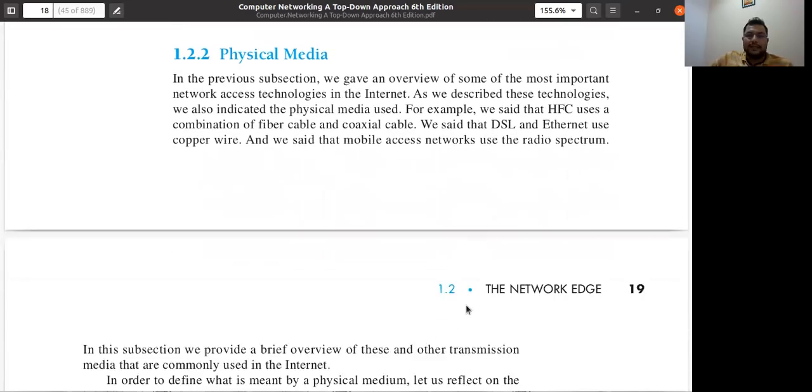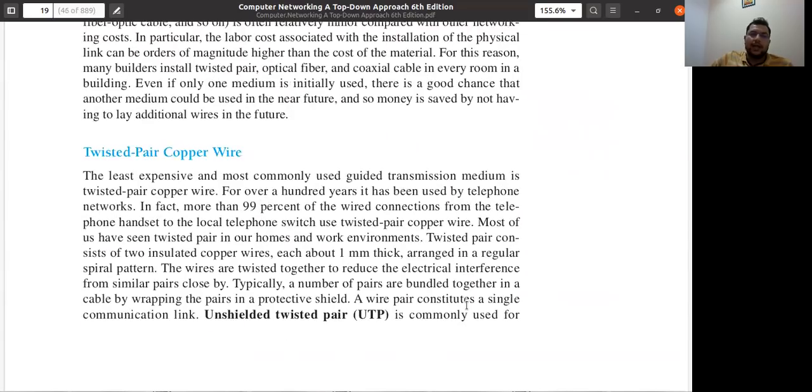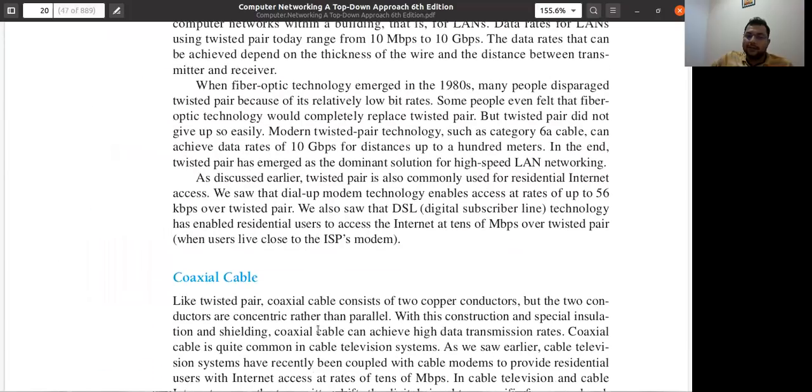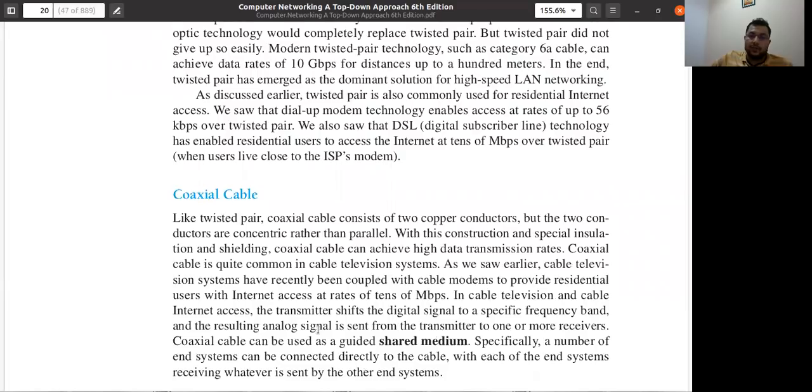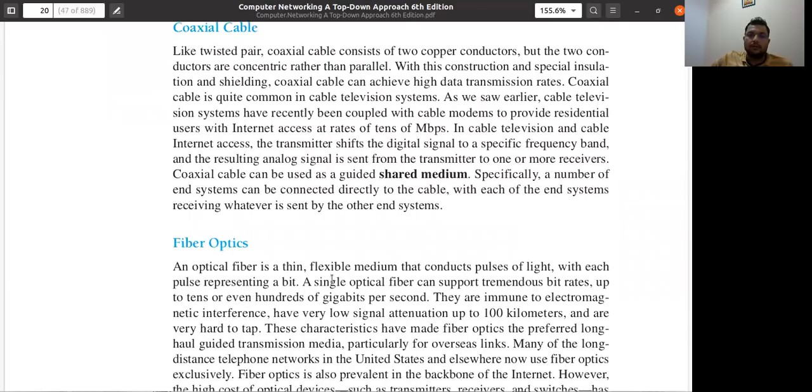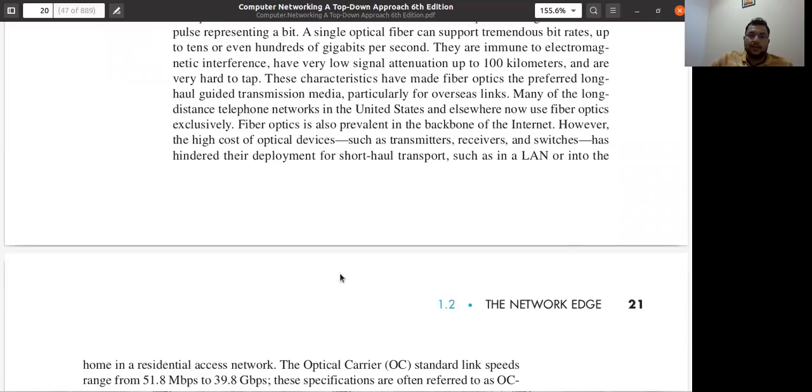Physical media, like you can have a twisted pair copper wire, which is generally called unshielded twisted pair, UTP pairs. That is used along with Ethernet. Then coaxial cable for your cable connections, fiber optics, which is the best one.